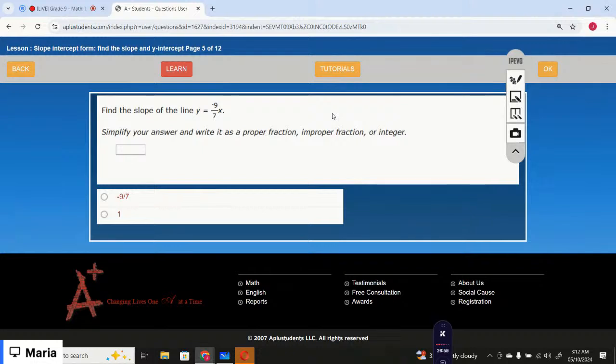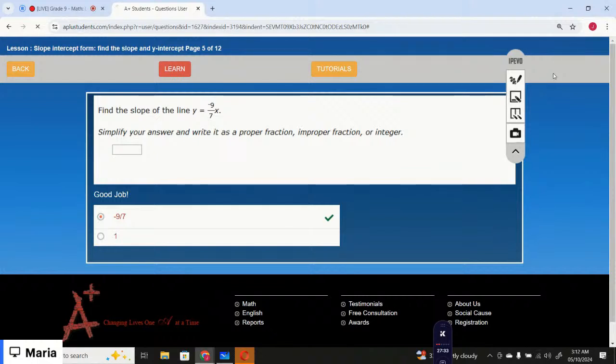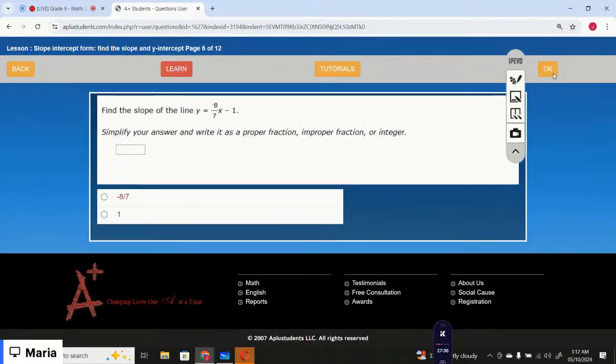What is the slope of the line? Which is the correct option? y equals negative 9 over 7x. The slope is negative 9 by 7. Option number 1 is the correct option. Okay, find the slope of the line y equals negative 8 over 7x minus 1.